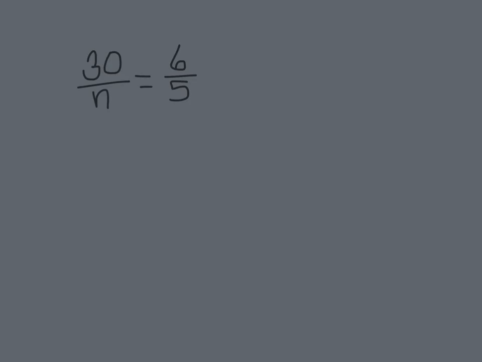So here we have 30 over n equals 6/5. Let's try this by using the cross products rule. So we're going to multiply the extremes. We'd have 30 times 5 equals n times 6.